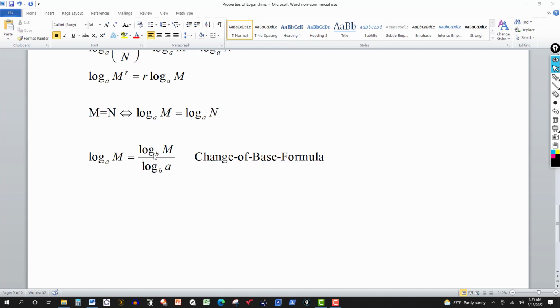You pick the base b: the log of m to base b, divided by the log of a to that same base. And obviously the base you want to pick for b here is either e, the ln function, or base 10, because that's what you have in your calculator. Okay, so take some time to look those over.